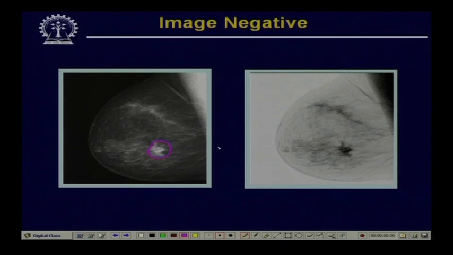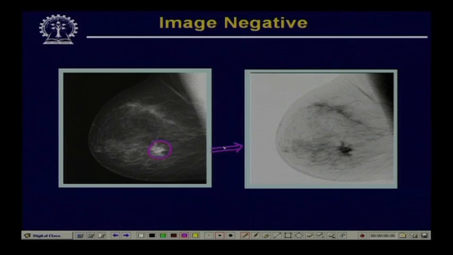Now, if I take the negative of this particular image, on the right hand side we have got this negative. Here you find that all the darker regions in the original image have been converted to brighter regions in the processed image, and the brighter regions in the original image have been converted to darker regions. Now, it is very convenient to see what information we can get from this negative image.